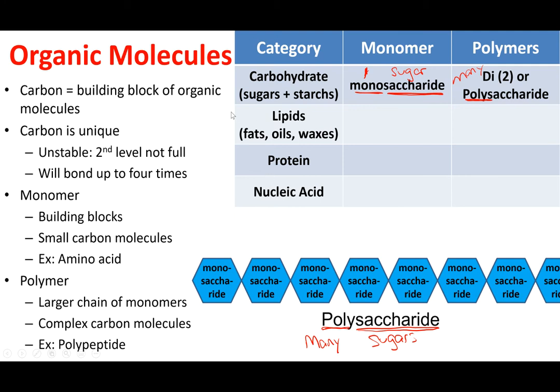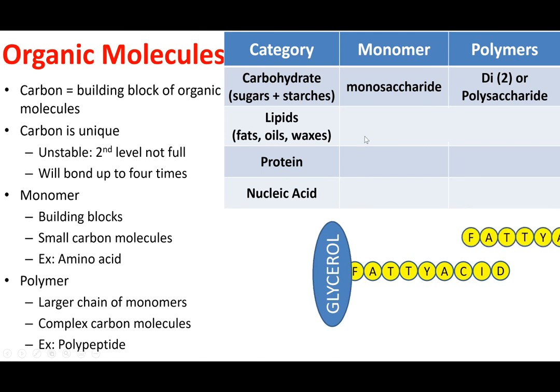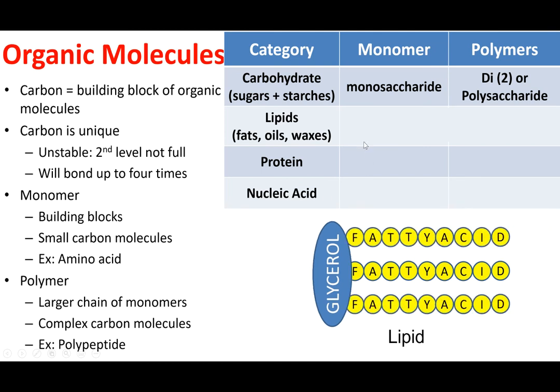Now, before we go nitty-gritty detailed into carbohydrates, let's talk about the monomers and polymers of these other categories, just to introduce them. When we're talking about lipids, these are fats, oils, and waxes. The monomers are glycerol and fatty acids.